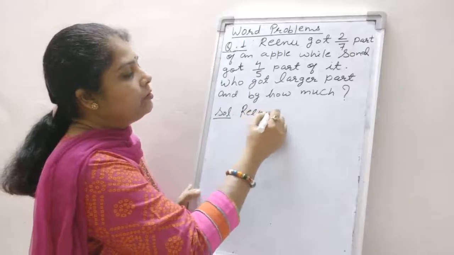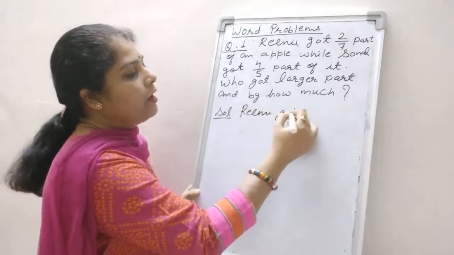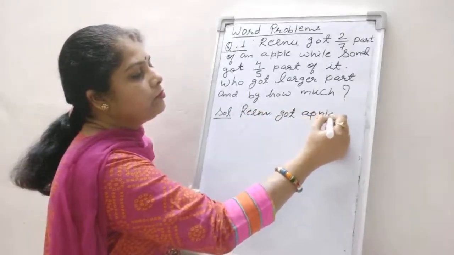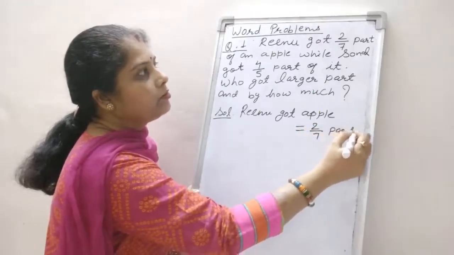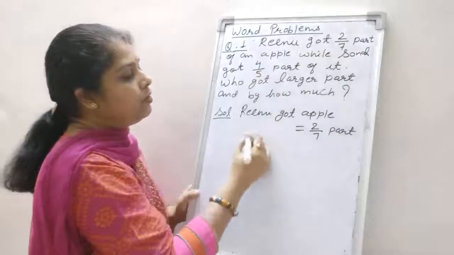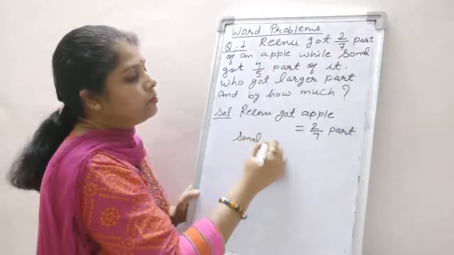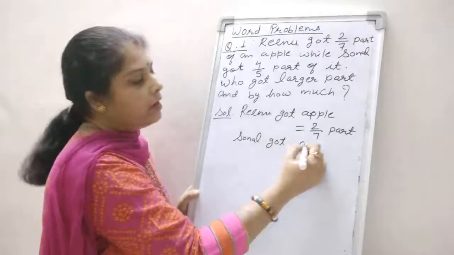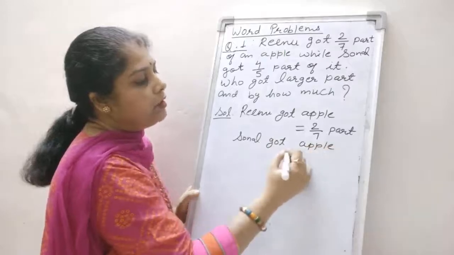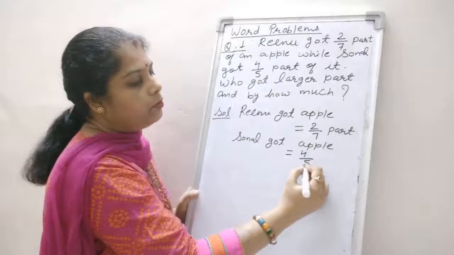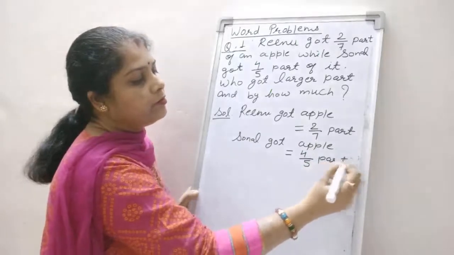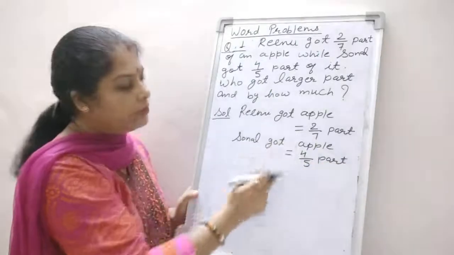Reenu got apple equals to 2/7 part, and Sonal got apple equals to 4/5 part. Now we have to compare between these two.